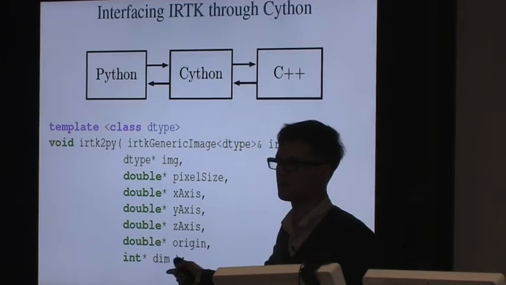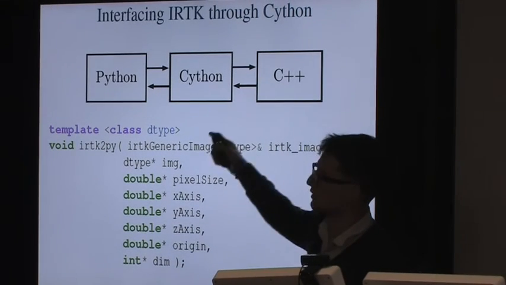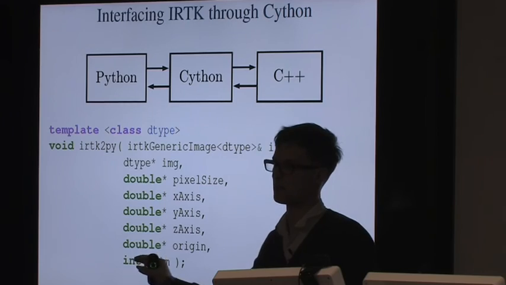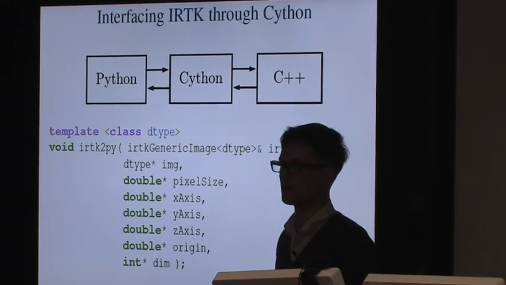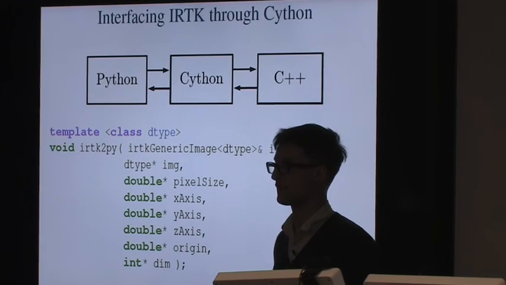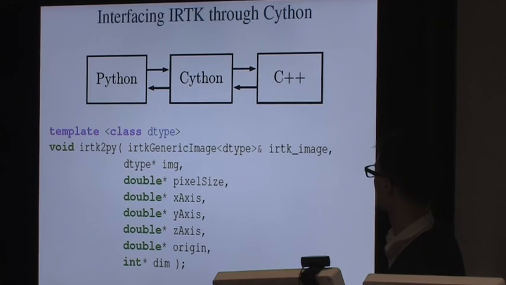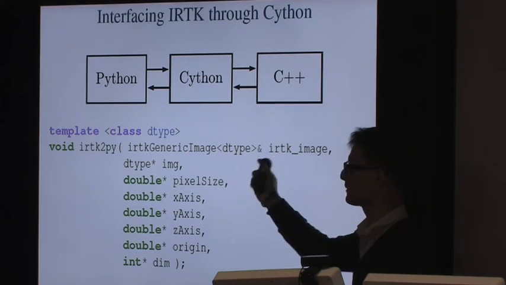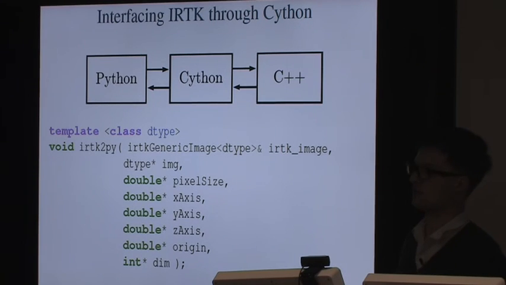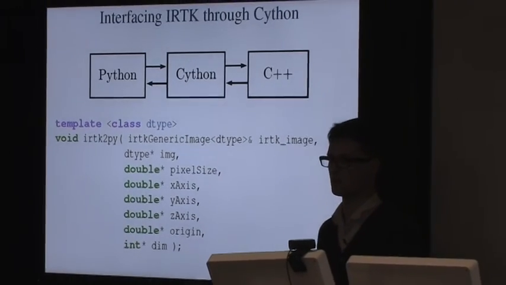And when I speak about the dimensions, that's because your NumPy array has a shape, but you can squeeze your array and remove the flattened dimensions. But in C++, at least in IRTK, it's simpler if everything is a 4D array. So once you've got this mapping between a Python object and a C++ object, then all the rest is straightforward. On one side, you write Python code, on the other side, you write C++ code.